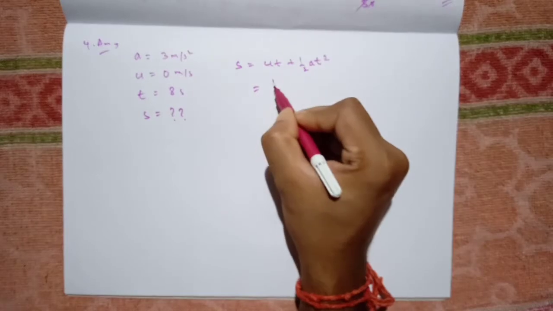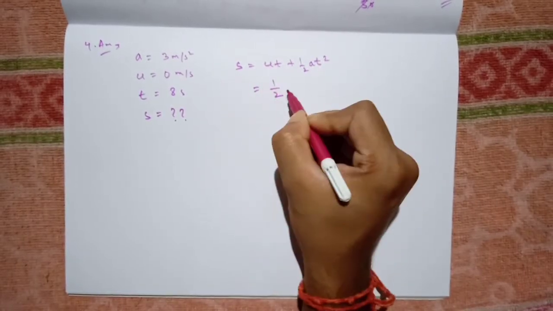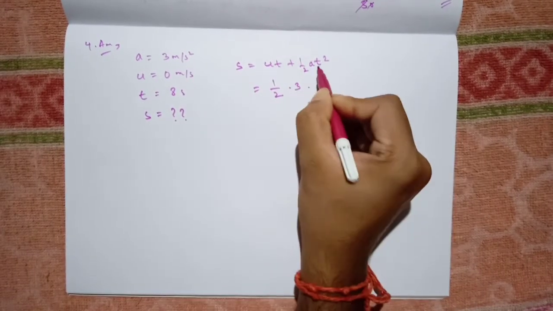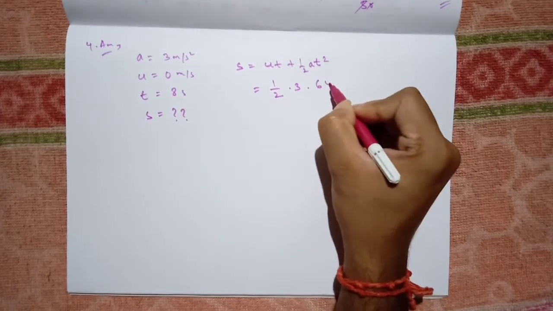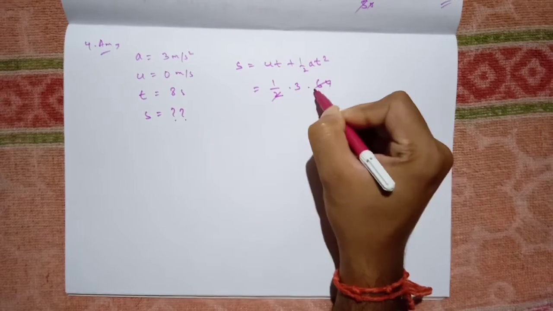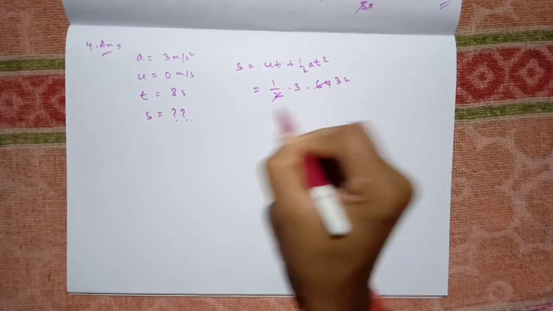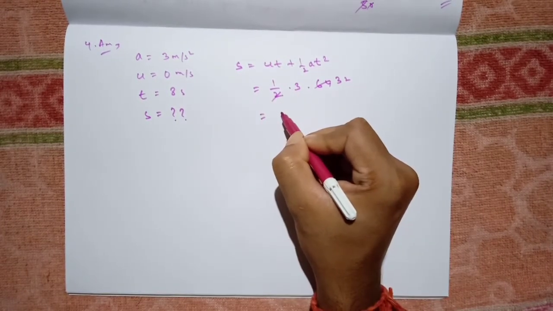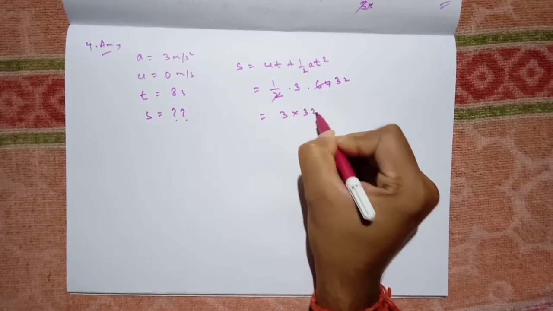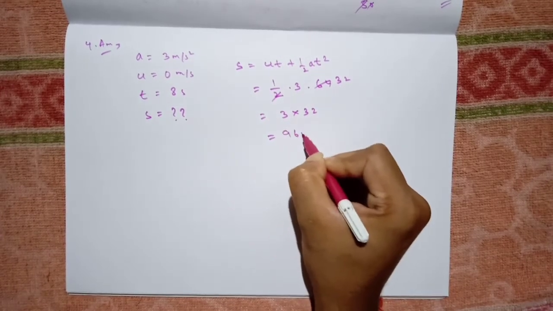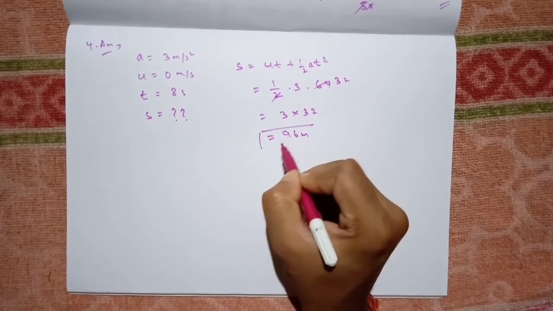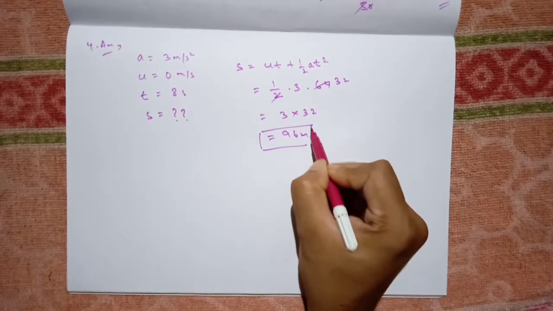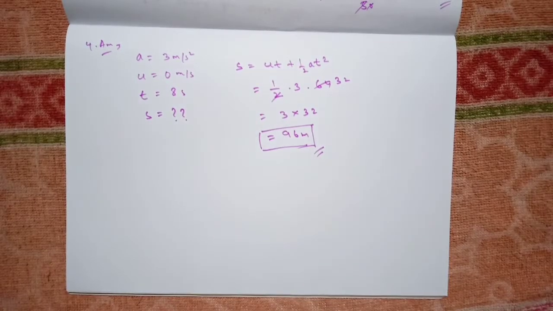Half a is given as 3 and t is given as 8, so 8 square will be 64. So this will be 3 into 32 which is 96 meters. So the distance traveled by the boat during this time is 96 meters.